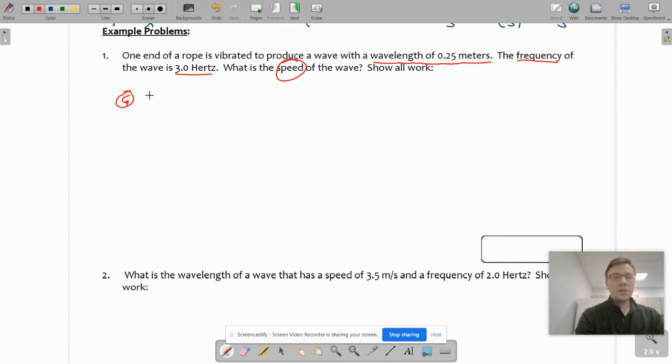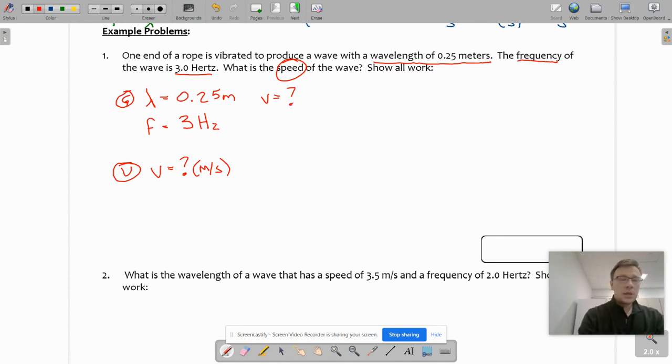We know that the wavelength is 0.25 meters. We know that the frequency is 3 hertz. And then we are going to be solving for the wave speed, and that's going to be in meters per second.